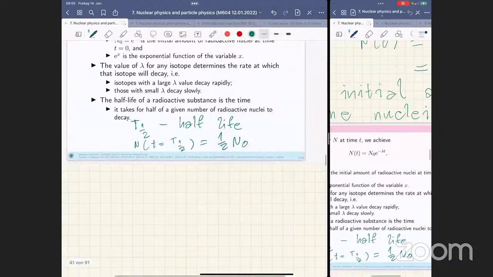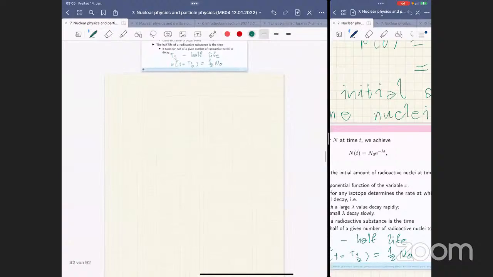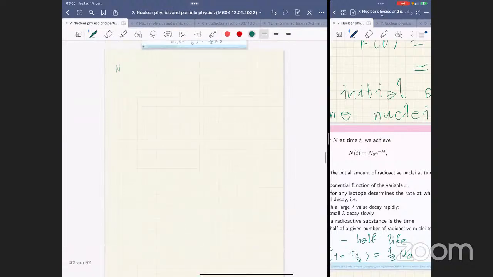Let me open a new page. Once you want to express anything in terms of time, N at any multiple time of T1/2 is going to be N(nT1/2) equals N0 exponential of minus lambda n T1/2.